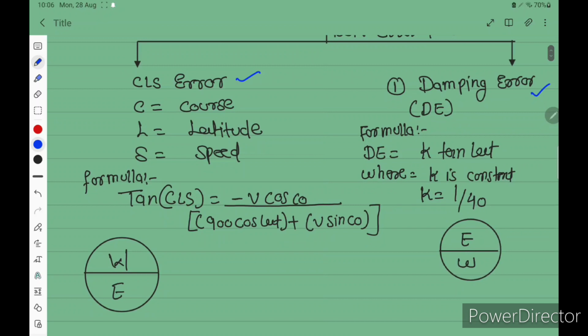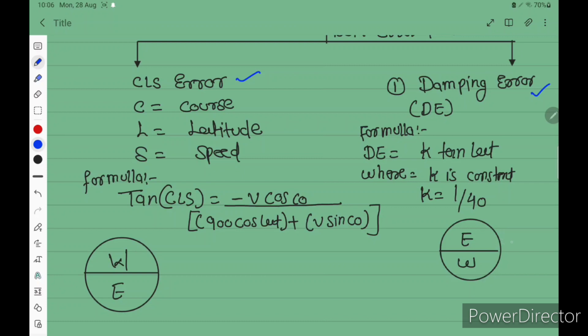Okay, so naming. For course latitude speed error, the naming depends upon the course of the vessel. If it is a northerly course, that means from 270 to 090, the naming is west, and from 090 to 270 it will be east. Whereas damping error is the opposite, it is named as per the hemisphere.